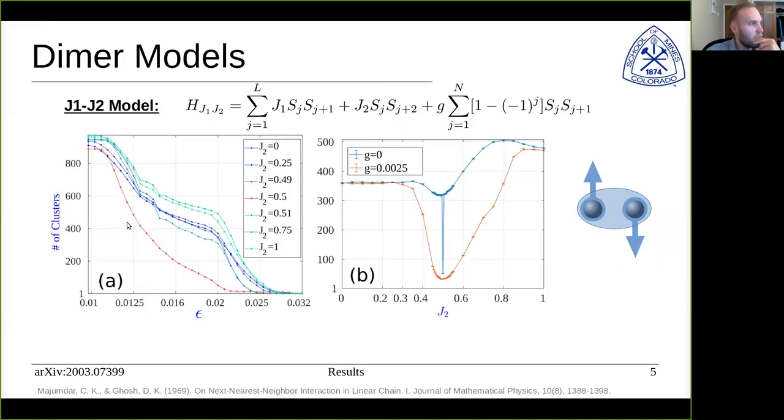So here's an example of the number of clusters versus epsilon. Here I plot all of these J2 states except for the middle part, which is here in red. And essentially what happens at this middle point is there's a symmetry breaking that occurs.